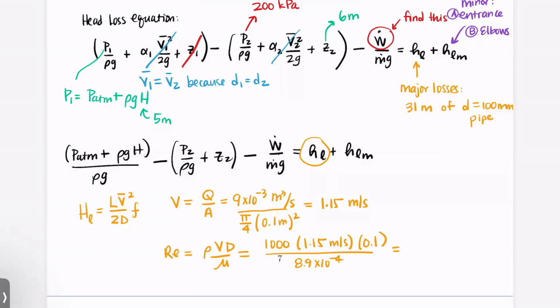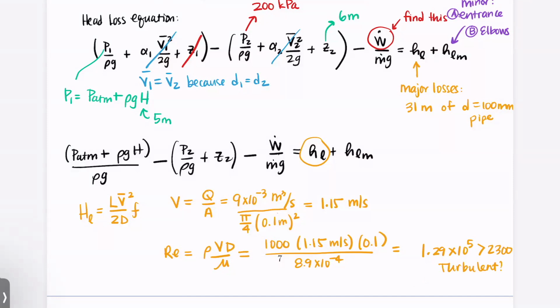And this gives us 1.29 times 10 to the 5th. So what do we think? Laminar or turbulent? This is a lot bigger than 2,300, right? So this is turbulent. We just need the Reynolds number.